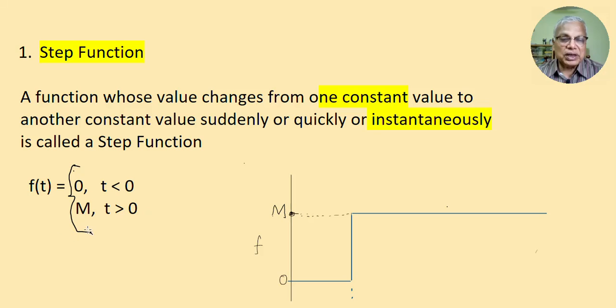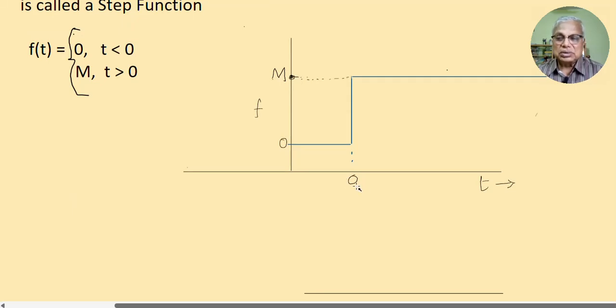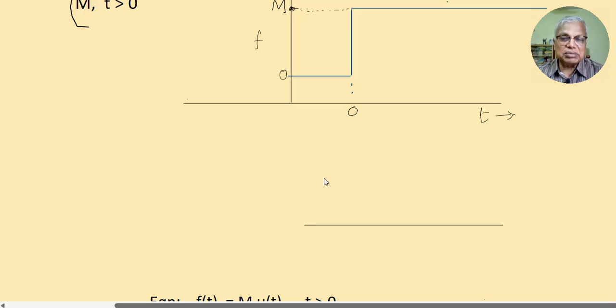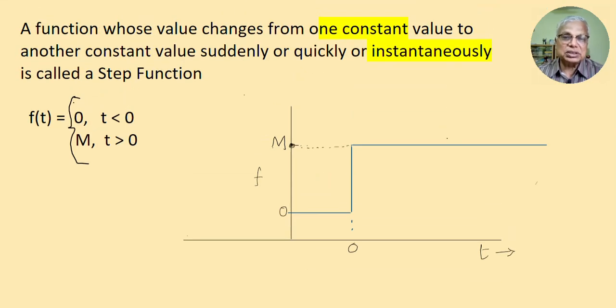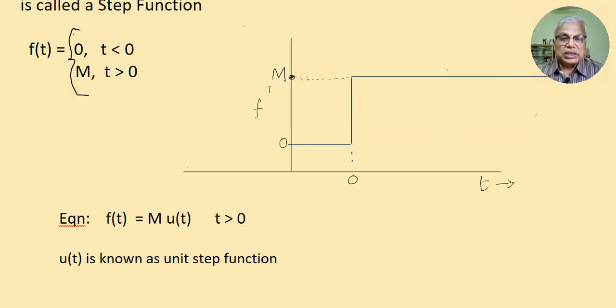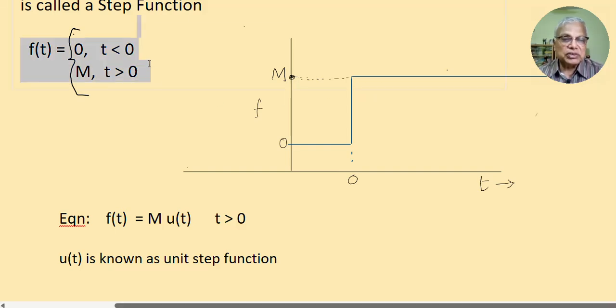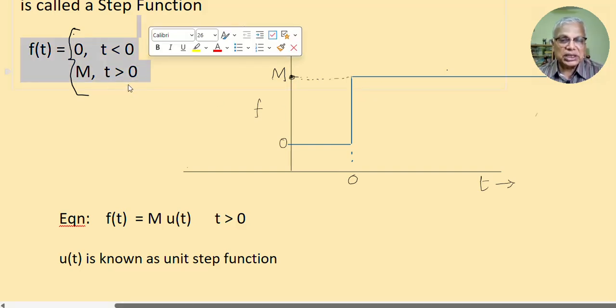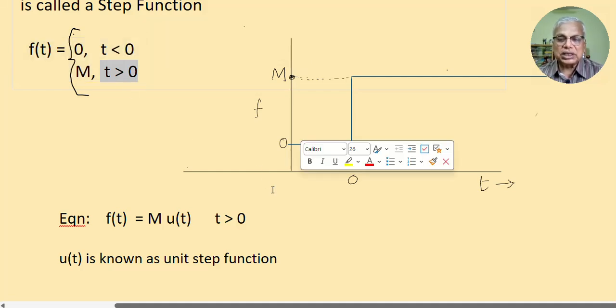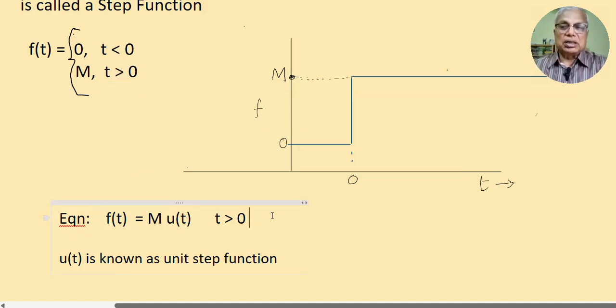These are the numerical values. As I said, we need mathematical equations to describe this function. What will be the mathematical equation for this function? Out of these two values, we will be interested in the period t greater than 0, that is, what happens after t equal to 0.